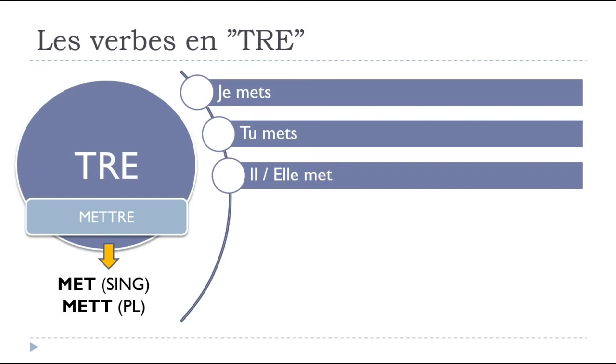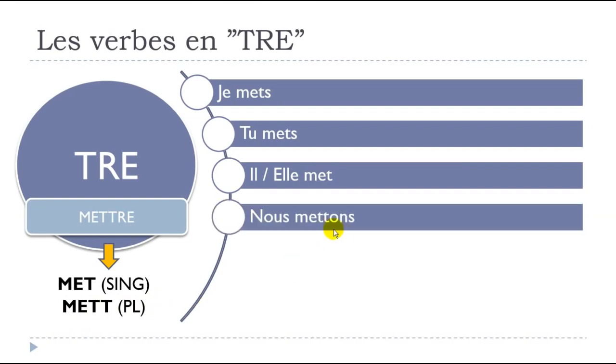Now for the plural form, we put back M-E-T-T, and after that we put the ending. This is the reason why we get nous mettons: we put back M-E-T-T, and then the ending O-N-S.